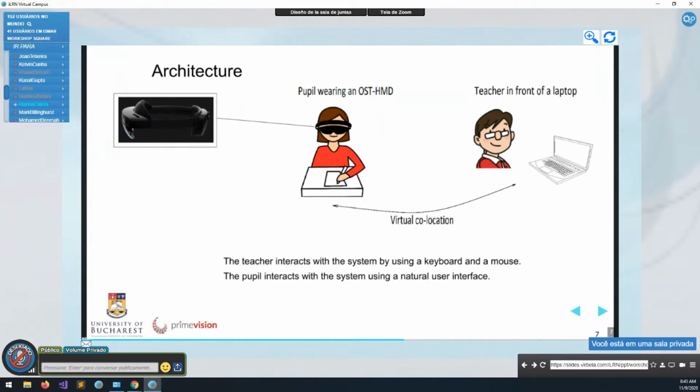The teacher sits in front of a laptop and is able to interact with the system via the keyboard and the mouse, while the child wears an HMD, optical see-through. I think it would be a better option, like HoloLens 2.